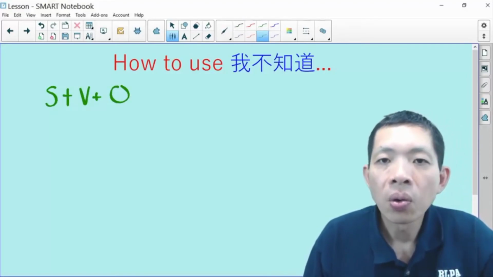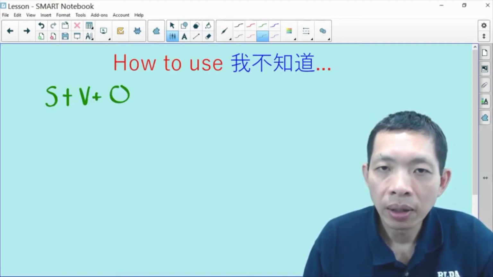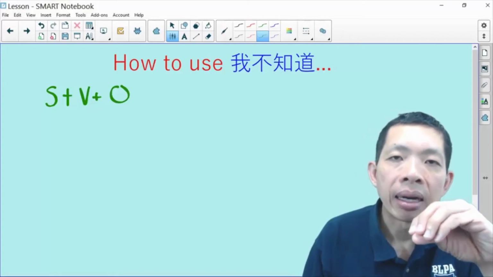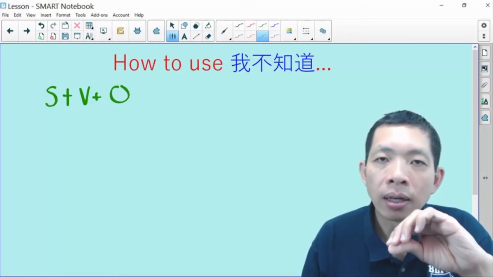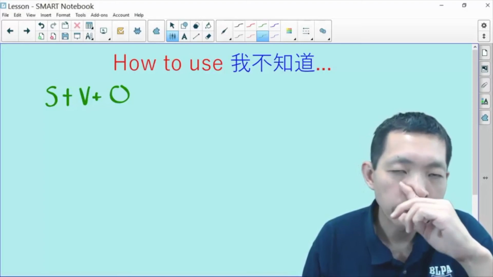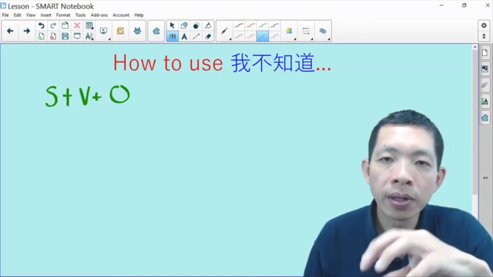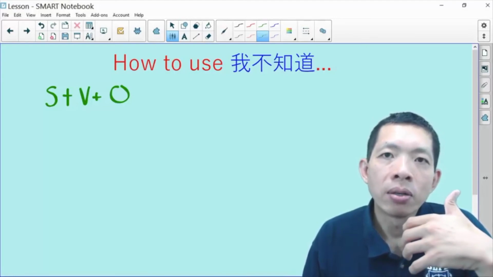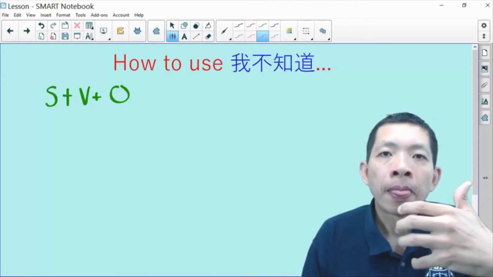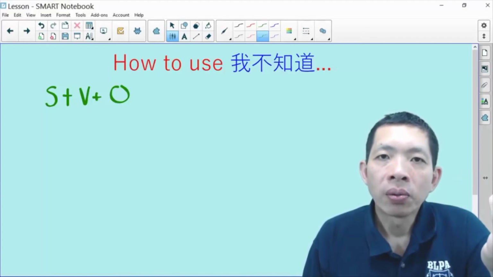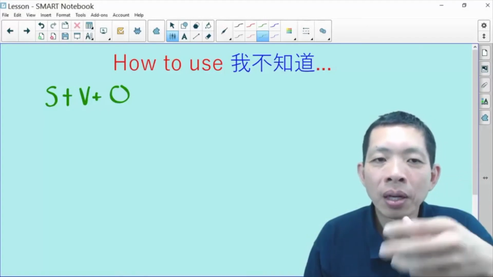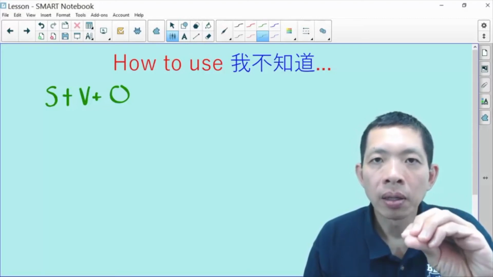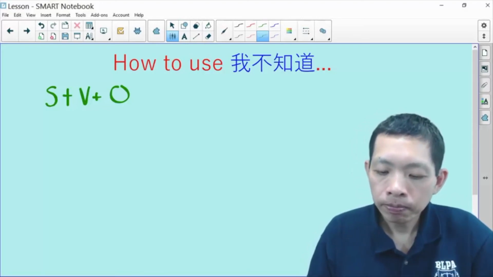So does the Chinese language. It's not like Japanese, where they put the verb at the very end of the sentence. But Chinese and English have a similarity in this aspect.